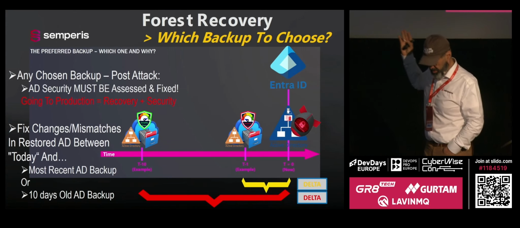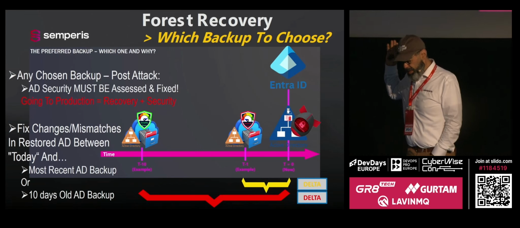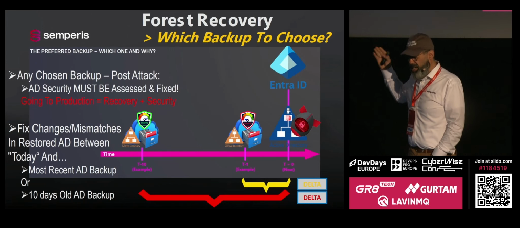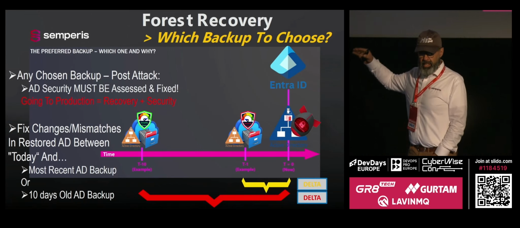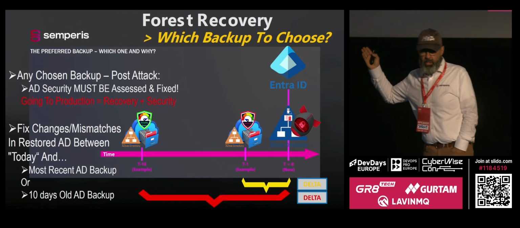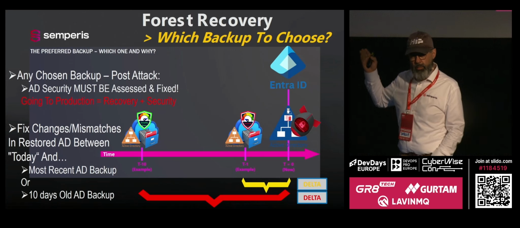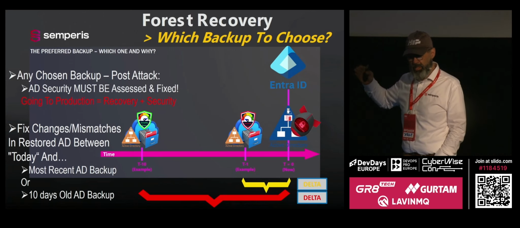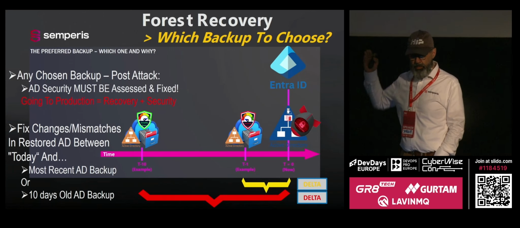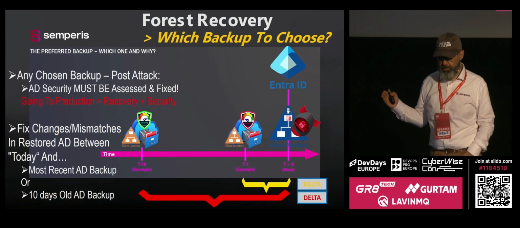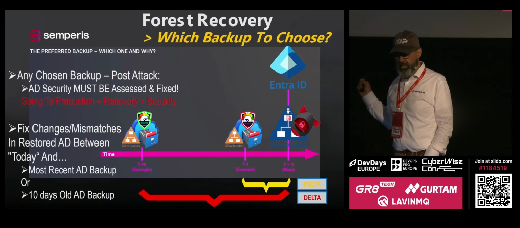When you look at the slides, you will see that it's not just about the changes between the recovered AD and the AD of today just before the ransomware, but it's also about the changes between the recovered AD, whichever it is, and any other system interacting with Active Directory, including Entra ID itself.